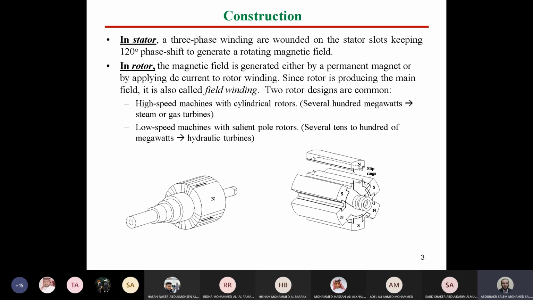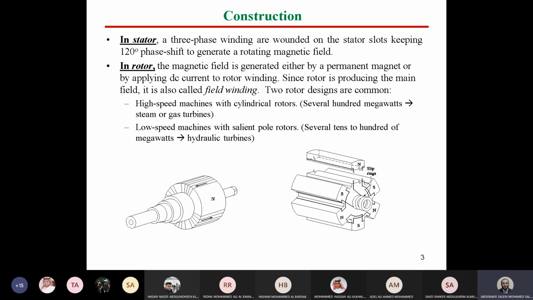The speed is small, so we can use a high number of poles in order to attain the required frequency. I will discuss, inshallah, the relation between speed and frequency. But for the application now, we have to understand that salient pole is preferred for low speed applications, and the cylindrical type is used for high speed applications.